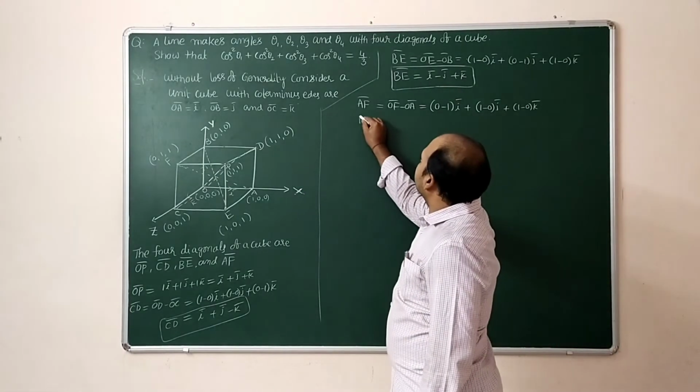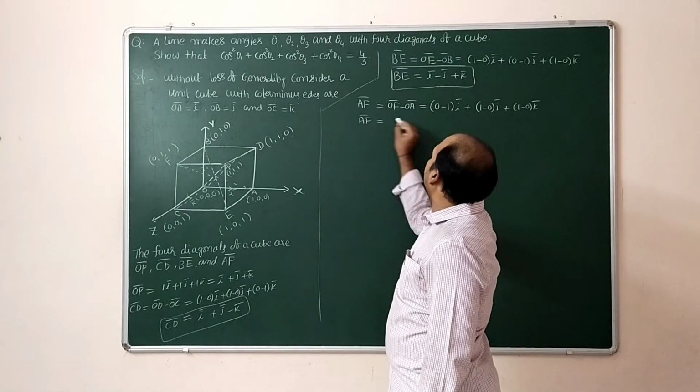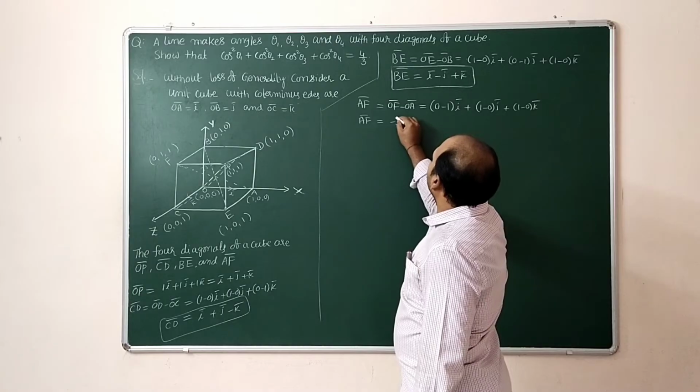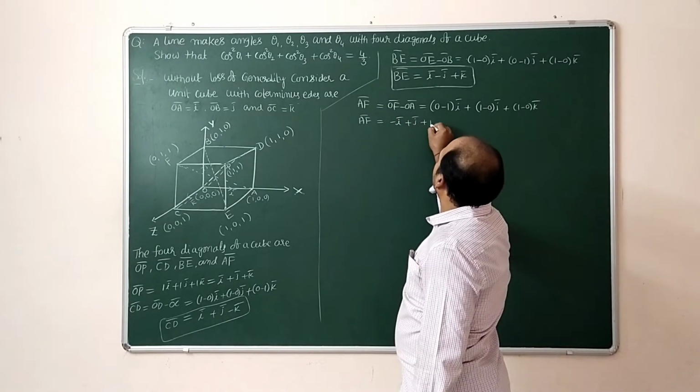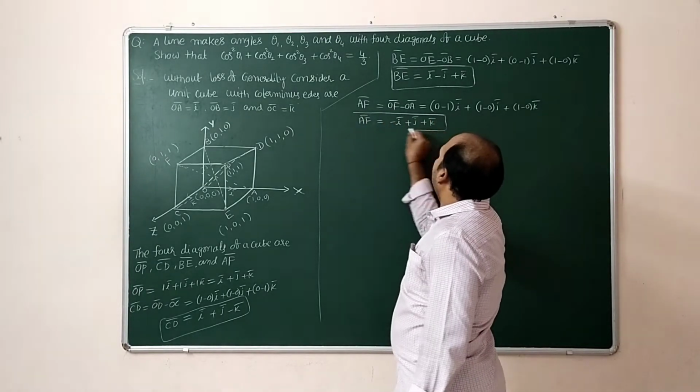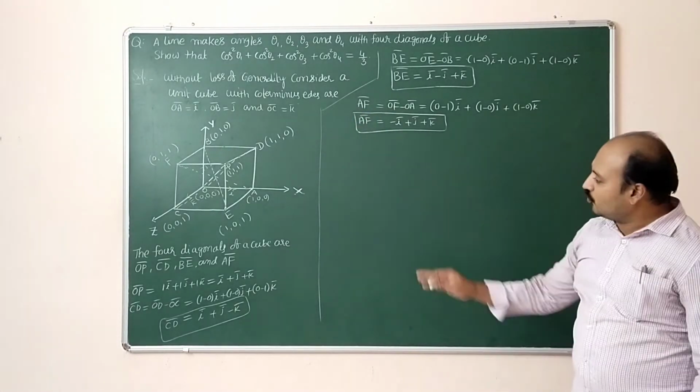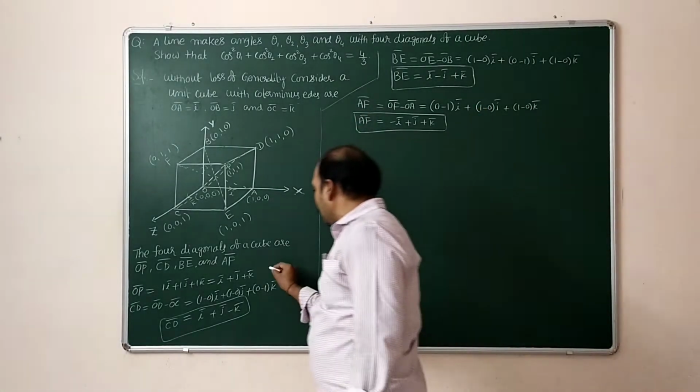So we can write AF bar equals minus I plus J plus K. So this is the AF bar vector. So 4 diagonals we got.